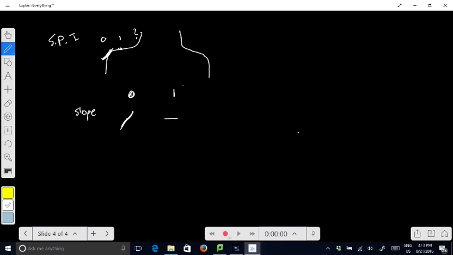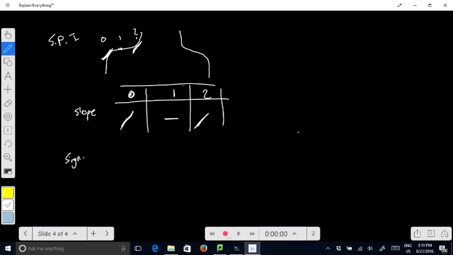At 1, it's horizontal, and then at 2, again, we're increasing. So it's going to look like that. And then the sign diagram, we've got positive and negative. We're starting at the positives, we get to the turning point, and then we end up going back into the positives. So it looks something like that.